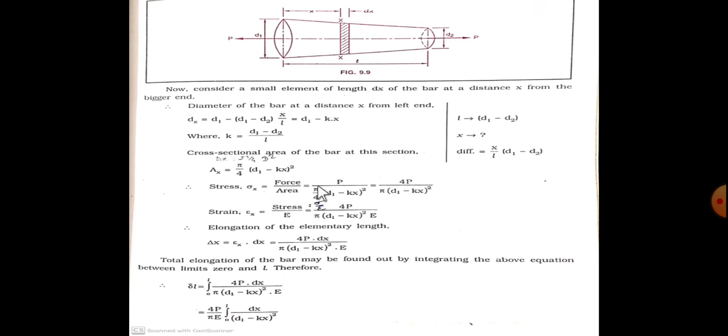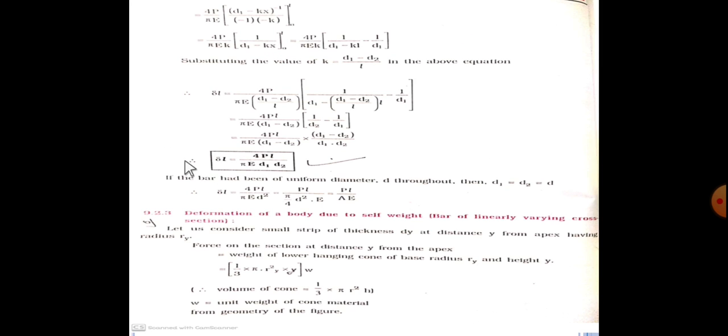For that, we must derive the equation for the non-prismatic section, and for a non-prismatic section having a circular bar, the equation is delta L equal to 4 PL upon pi E d1 d2. In that case, d1 and d2 are the different diameters at the ends of that section.